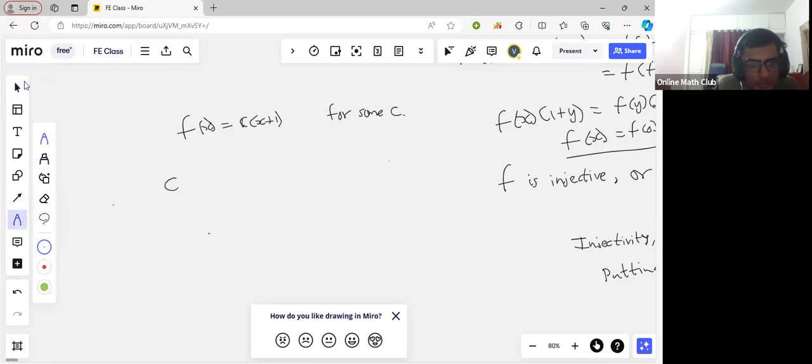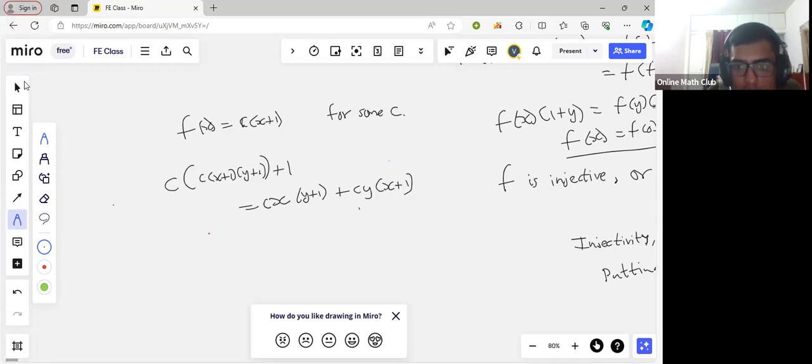I think what we'll get is something like cx plus 1 into cy plus 1 plus 1 is equal to c times x, y plus 1, into c, is equal to c, y into x plus 1 plus xy, or actually minus xy.